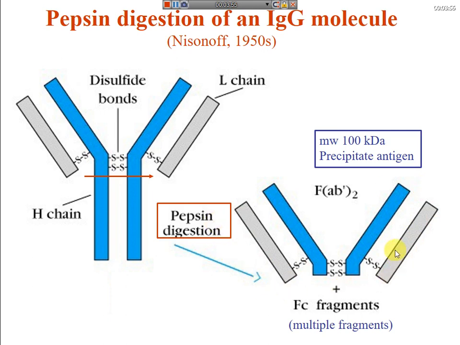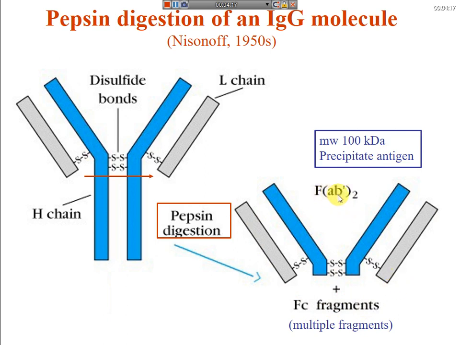and hence it was named the fragment antigen binding. But because two FABs are there, this 2 was also written here. In the earlier digestion with papain, we only get this much FAB. This corresponds to a single FAB, and this corresponds to another FAB.